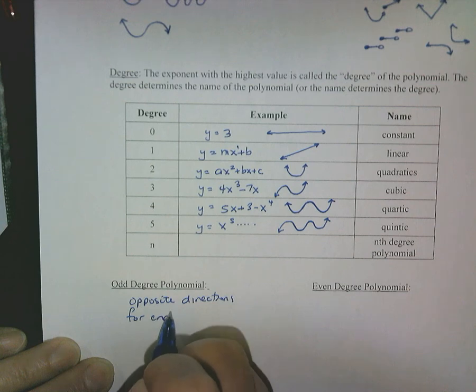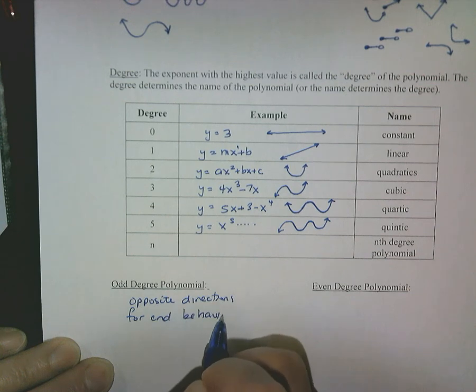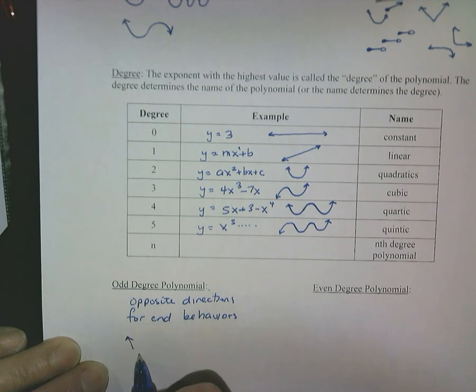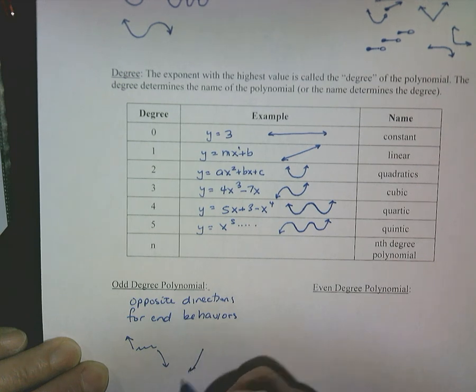And we're going to call them end behaviors. So one's going up, whatever's happening in the middle, and the other's going down. Or the other way around. This one's going down, something in the middle, and then it ends going up.